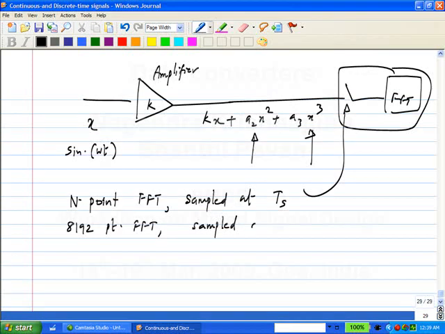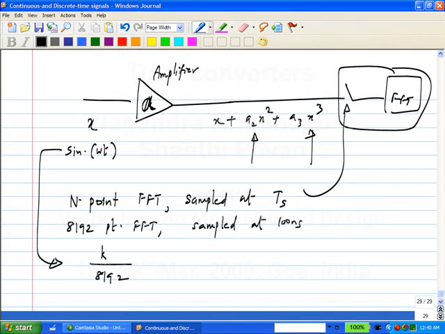So you will have to choose the input frequency so that it is some K by 8192, where K is an integer. The gain is A. Then you will be able to distinguish everything cleanly. So this is also important for simulation.